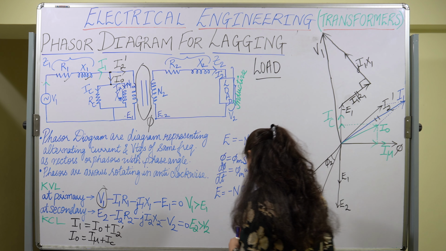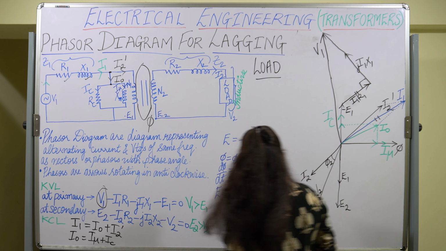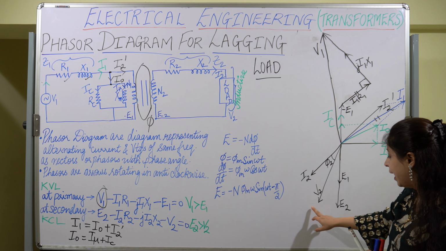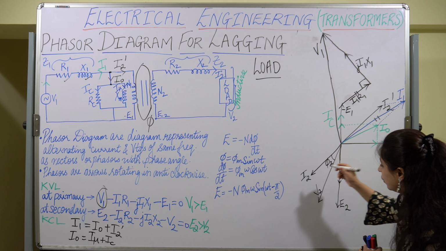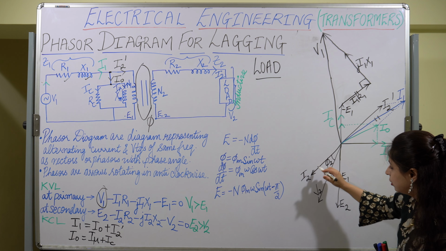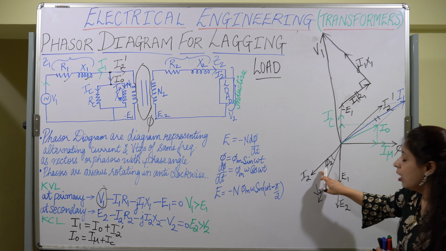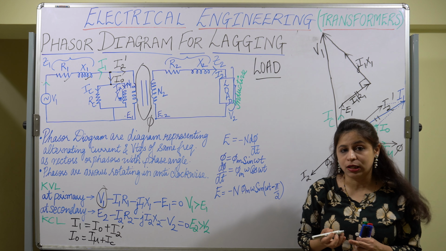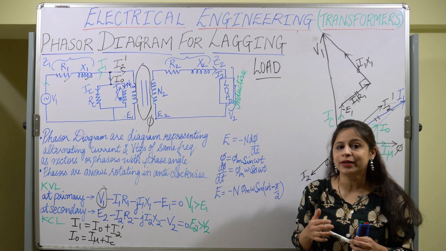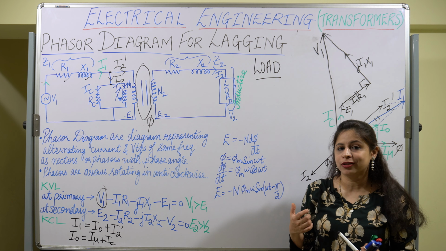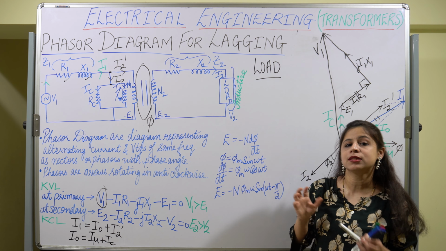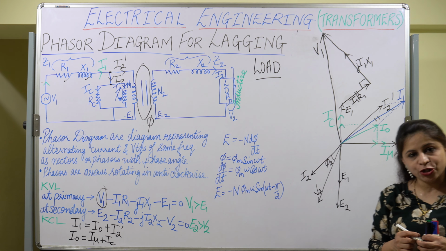So let us start drawing our I2 R2. I2 R2 will be in phase with I2. I2 R2 is the voltage across the resistance. Whenever the resistance part comes, the voltage and current are always in phase with each other.